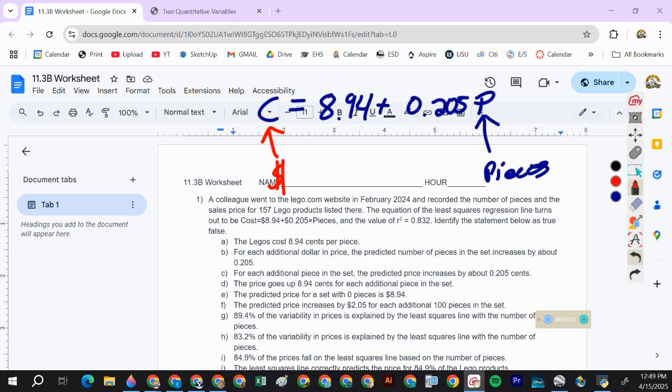Yeah, there you go. Okay, F. The predicted price increases by $2.05 for each additional 100 pieces in the set. Yeah. If it's 20 cents per piece, and, oh, that should be, nope, the answer is false.